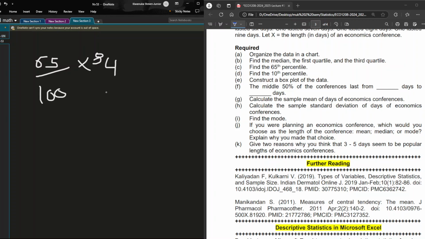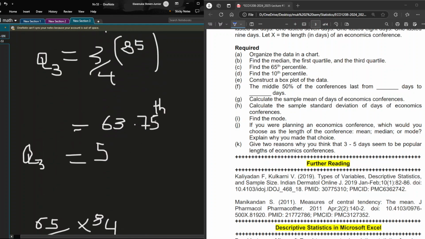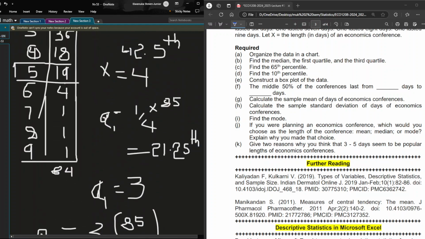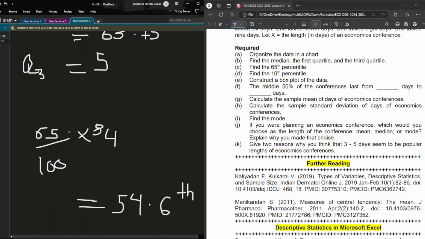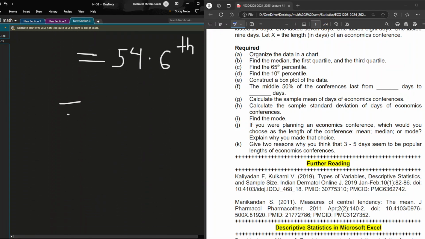And what we get, I still emphasize that it is a position. So we get 54.6 position, and that falls under this 4, because here it is 58, which is equal to 4.